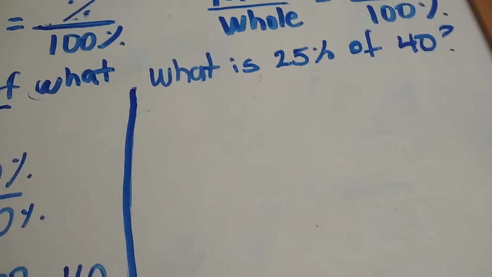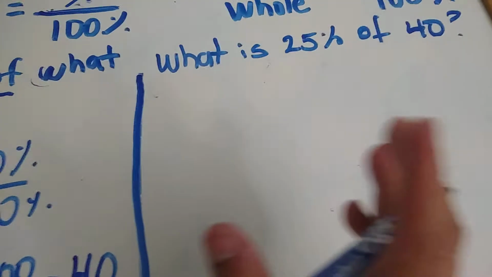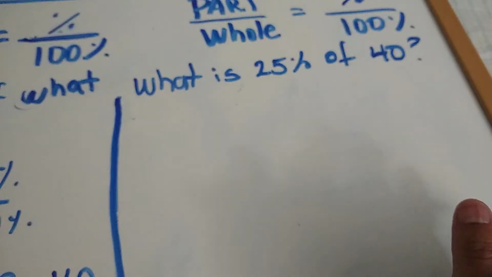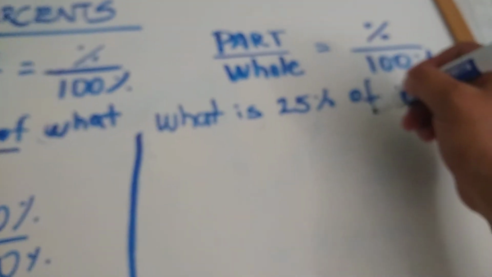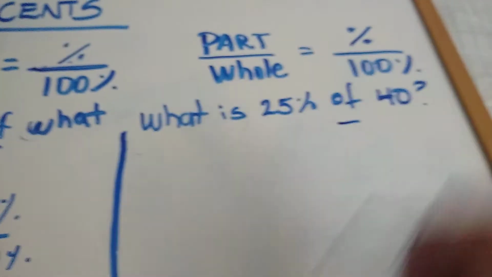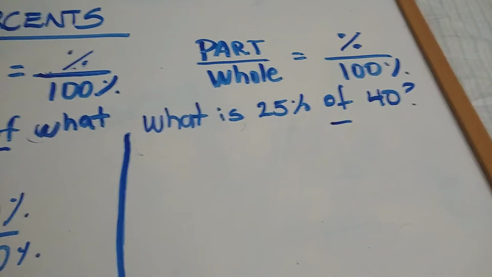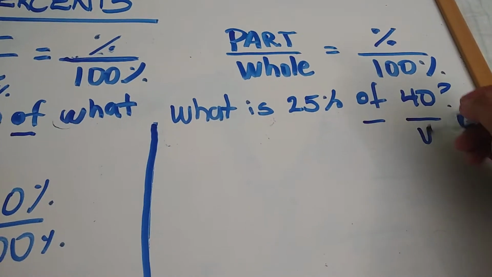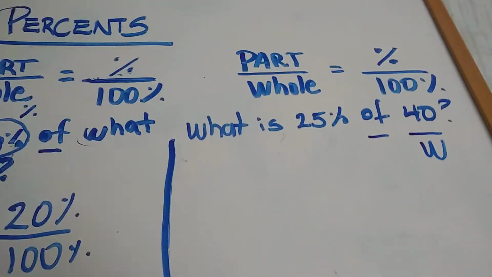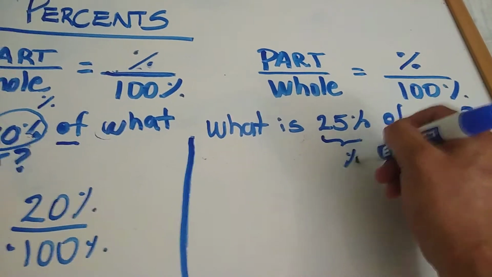Now the third case, which is probably the most straightforward case. What is 25% of 40? Again, we're going to find the keyword of, and after that word we find the whole number. So this is my whole. 25% is my percent that is given.